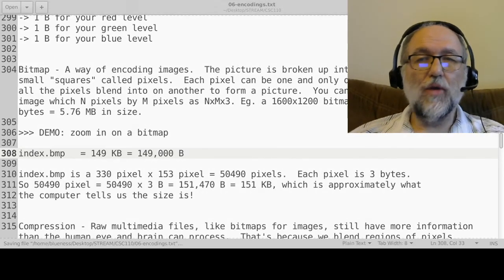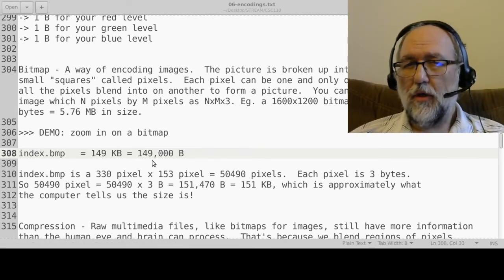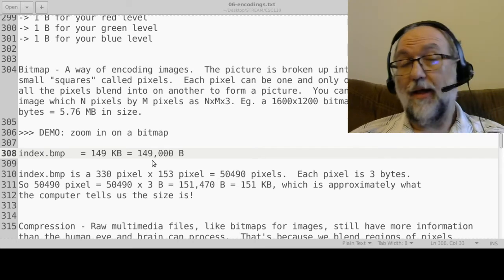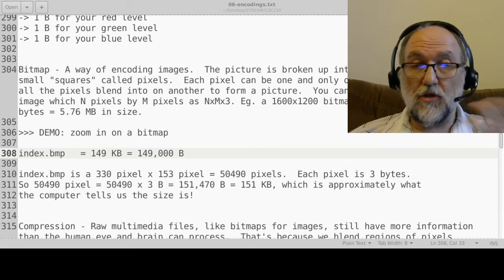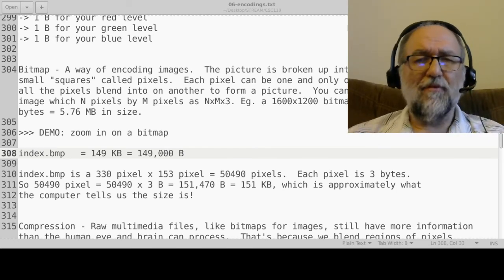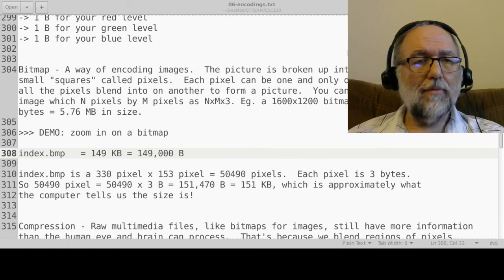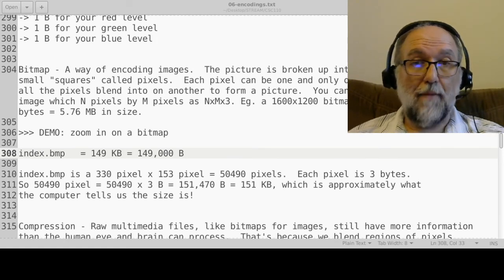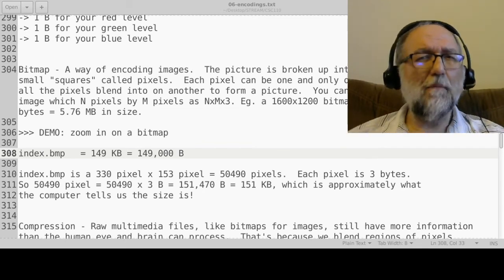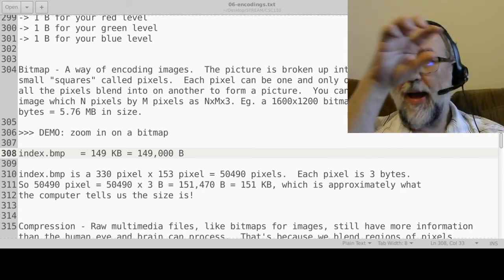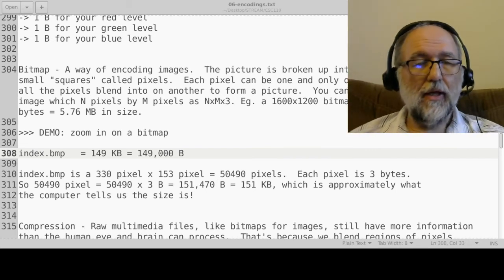Okay, so now what? Can we actually calculate how big we'd expect that file to be? There's another program I used, and again, I'm going to skip it for now. I can show you in a future video how I did this. It's called GIMP, which is a photo editor, and I asked this photo editor how big this image is. Remember, bitmaps are like a grid, so they've got so many rows and so many columns.